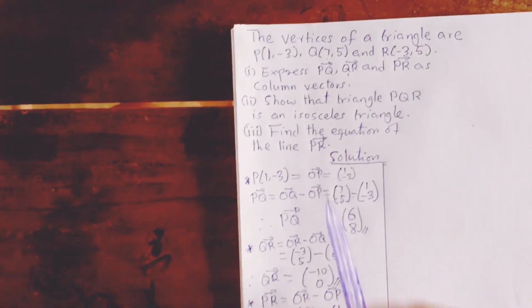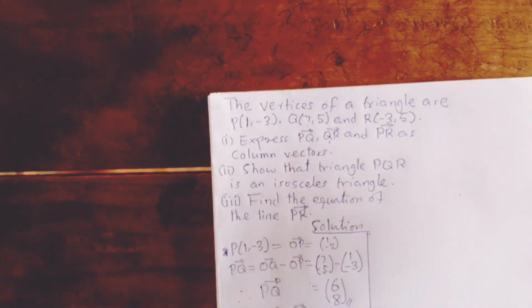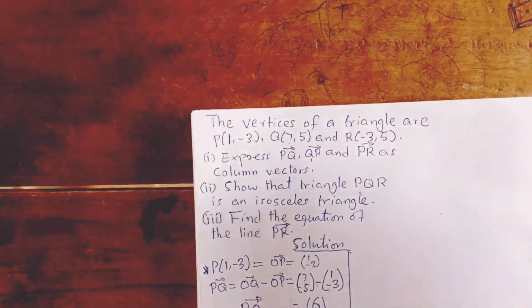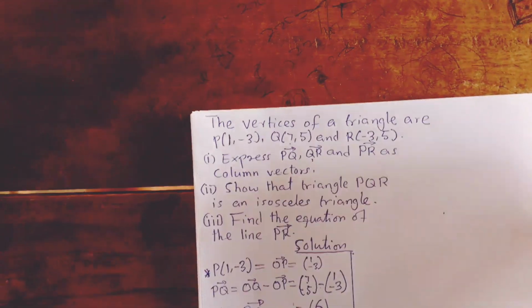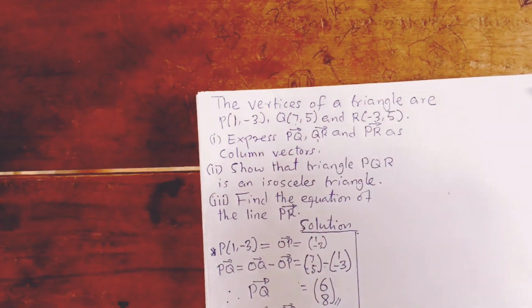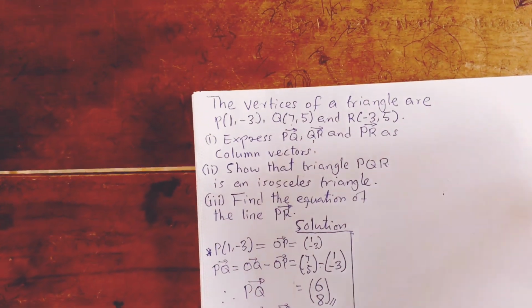And the second one says show that triangle PQR is an isosceles triangle. The question then is, what is an isosceles triangle? Basically, we know that an isosceles triangle is a triangle with two sides equal and the base angles also equal. So two sides are equal and two angles are the same.